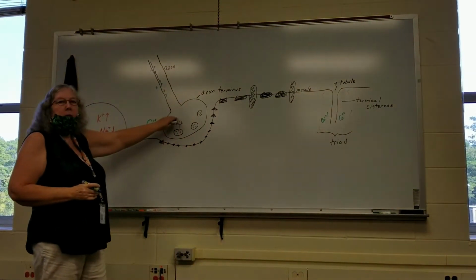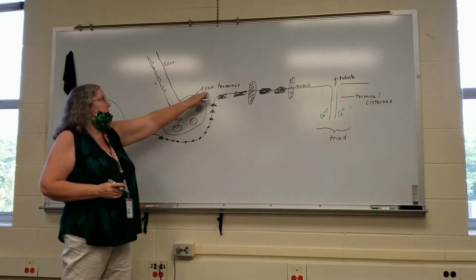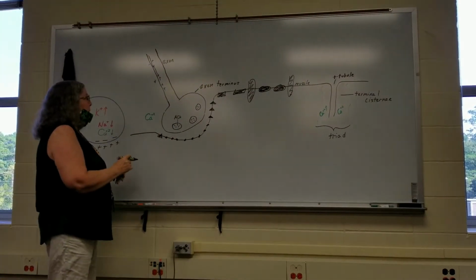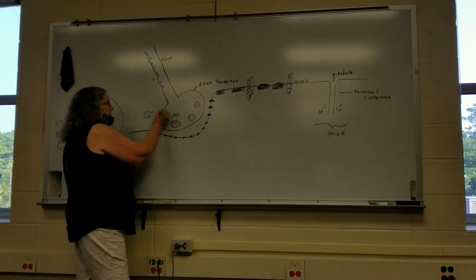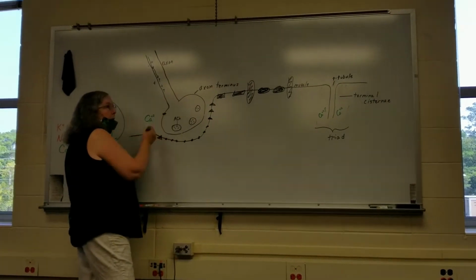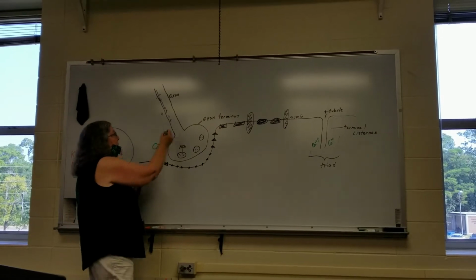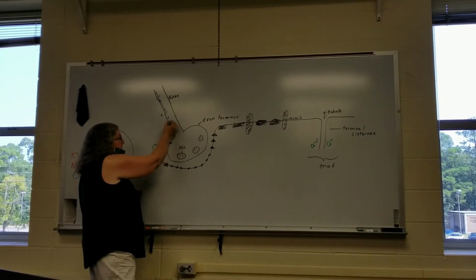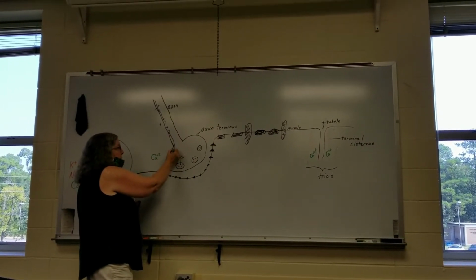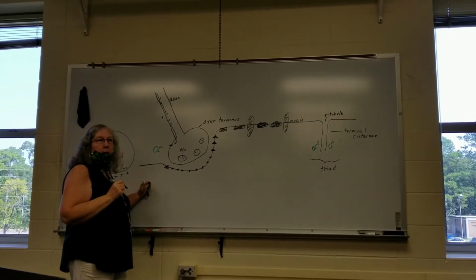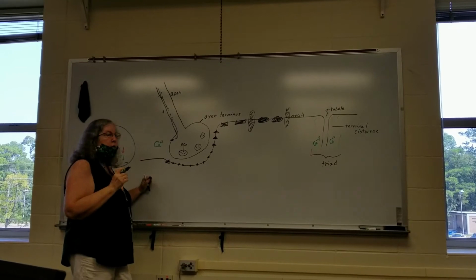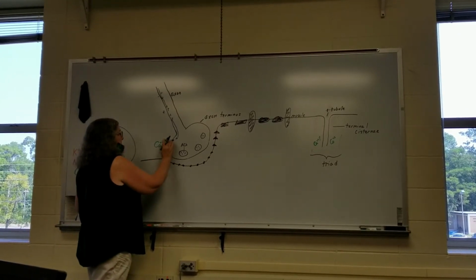As it hits this knob on the end that's called the axon terminus, you have some ion gates that are voltage gates. So this current that is moving down, this action potential, when it hits that gate, that change in the charge opens the gate.